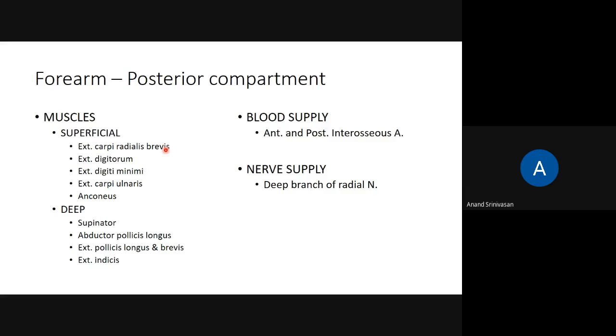They help in the extension of the wrist and are present along the radial side. The longus is present in the lateral compartment, but some books say that both the longus and brevis are present in the posterior compartment.